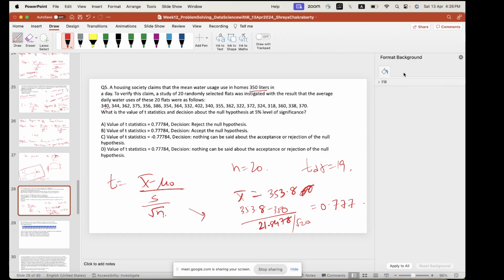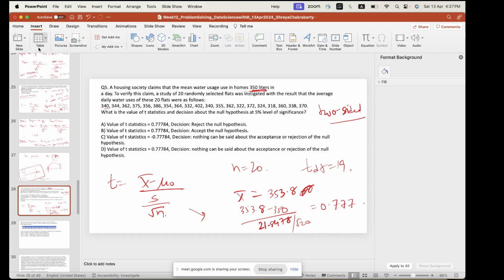We are not given, we are just told that the null hypothesis is the mean usage is close to 350 liters. Now it could be greater than 350 liters, it could be less than 350 liters also. So this is an example of a two-sided test. Alright. So then what will be our decision region?